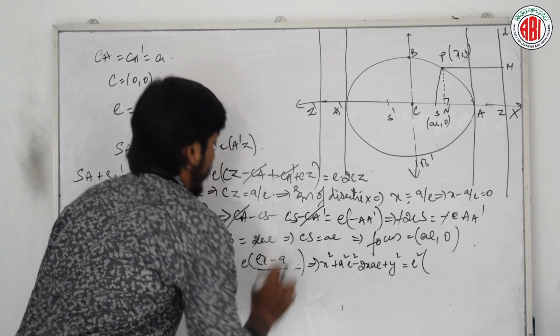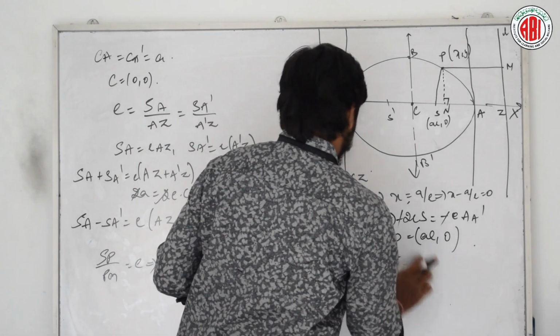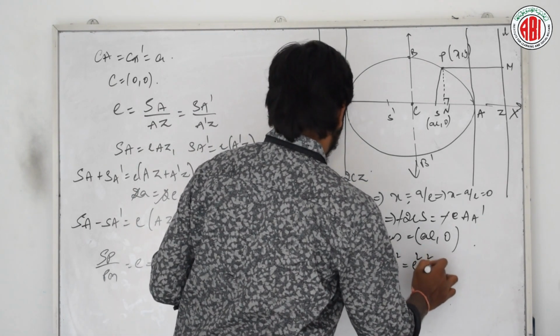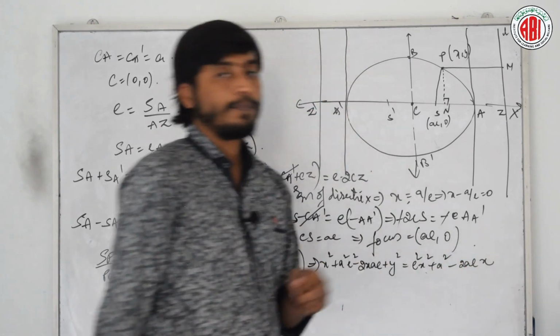Now square it. What do we get? E square X square plus A square minus 2AEX, right?